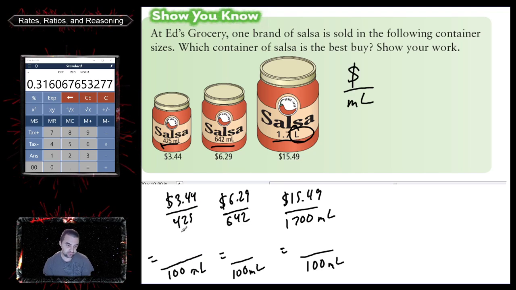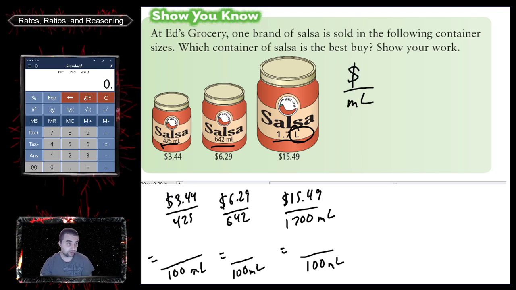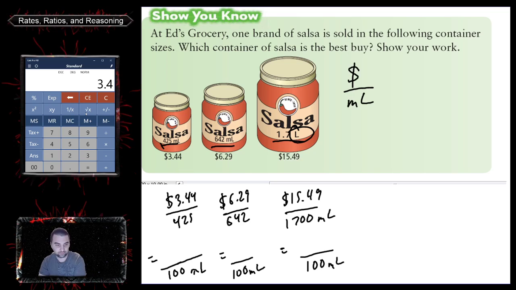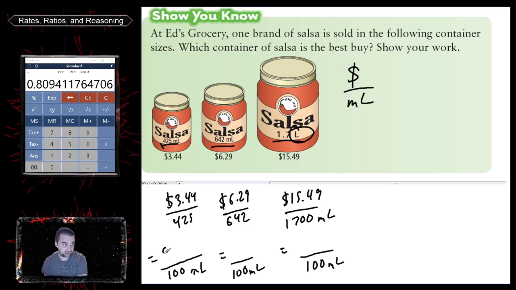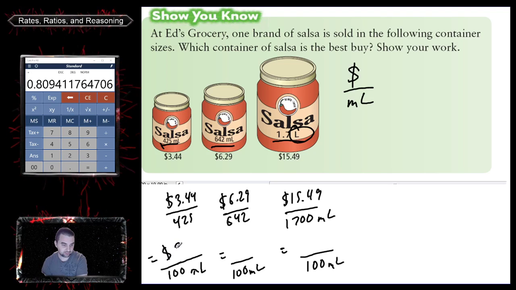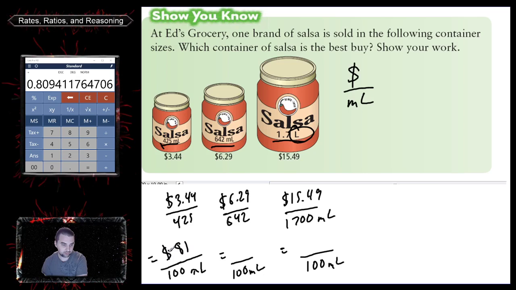And remember, I just look at these bottom numbers, 425, so I'm going to divide the top by 4.25. That's my little trick there. So 3.44 divided by 4.25 gives me 81 cents, basically, 0.81.